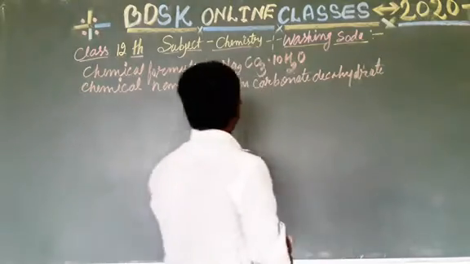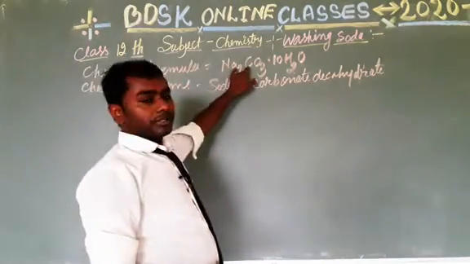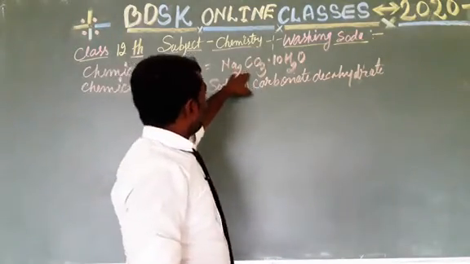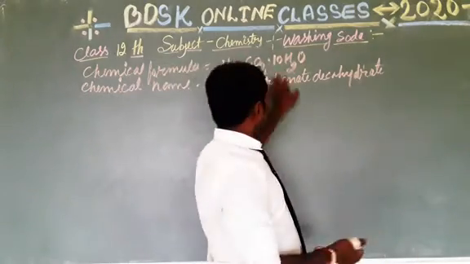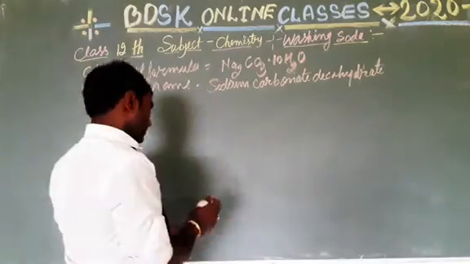Okay, this is the chemical name, that is sodium carbonate decahydrate, and this is the chemical formula of washing soda.